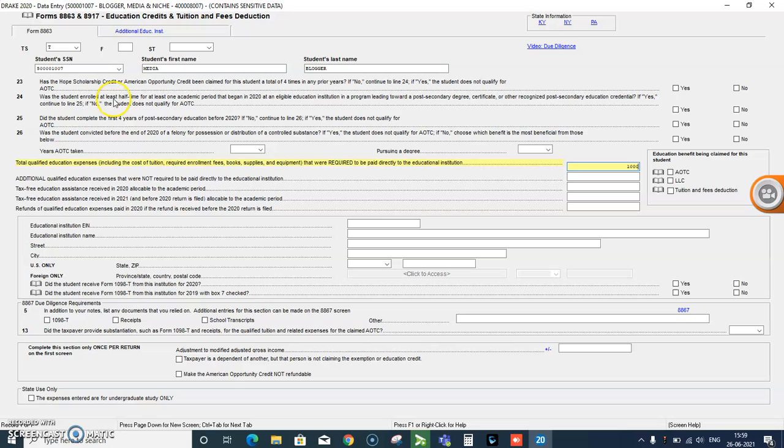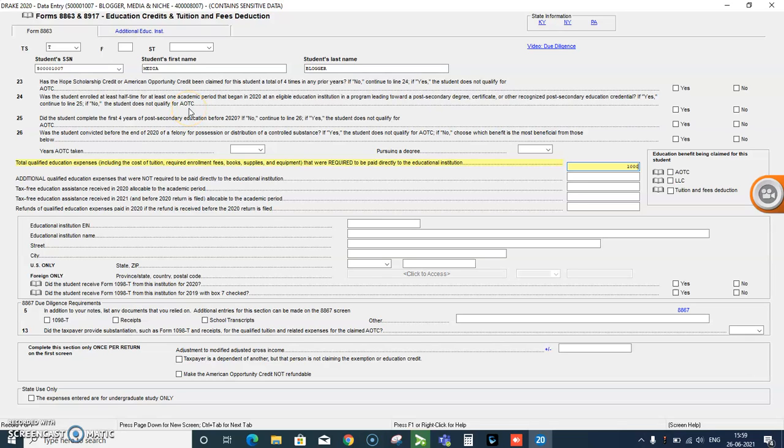Was the student enrolled at least half time for at least one academic period that began in 2020 at an eligible educational institution in a program leading toward a post-secondary degree, certificate or other recognized post-secondary educational credential? If yes, continue to line 25. If no, the student does not qualify for AOTC.